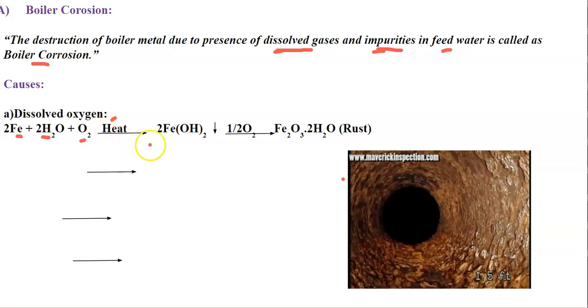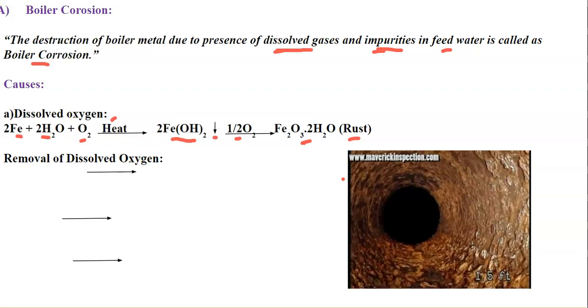So in presence of heat, it will get converted into ferrous hydroxide, which you can see is a precipitate. This ferrous hydroxide will further react with more oxygen to form rust. It is Fe2O3.2H2O. So rust is formed means the boiler metal is corroded. The rusting of iron is an example of corrosion. So if oxygen is present, it will react with the boiler metal to form rust.